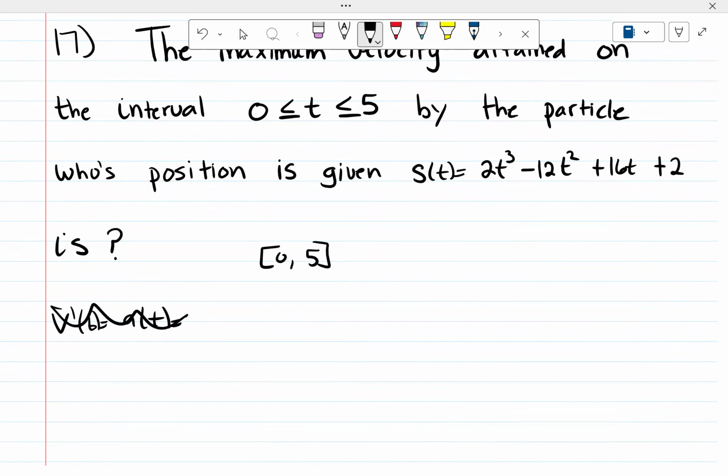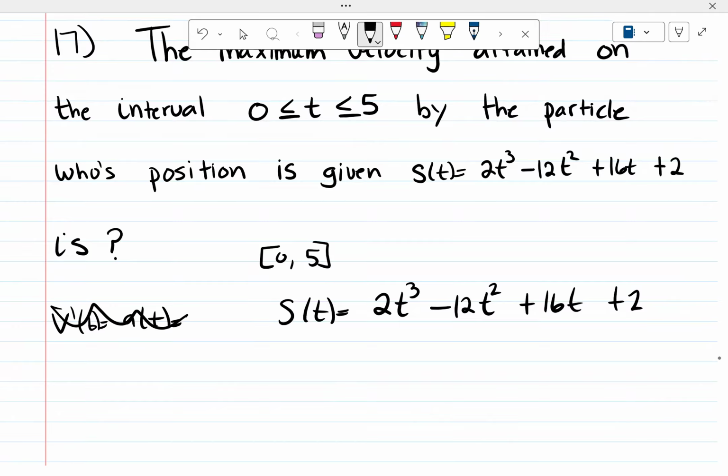Hold on. So what did they give us? They gave us s of t, which is 2t cubed minus 12t squared plus 16t plus 2, right?